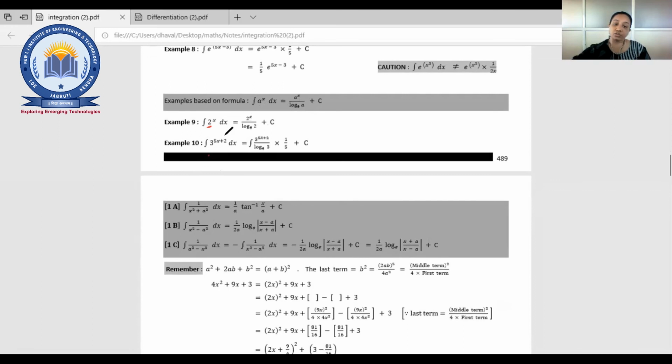Now here, 3 raised to 5x plus 2. So the integration of 3 raised to 5x plus 2 is upon log a, so log 3, now into. This is the thing you need to take care about. 5x plus 2, that means 1 upon 5. Is there any doubt in this equation or example?